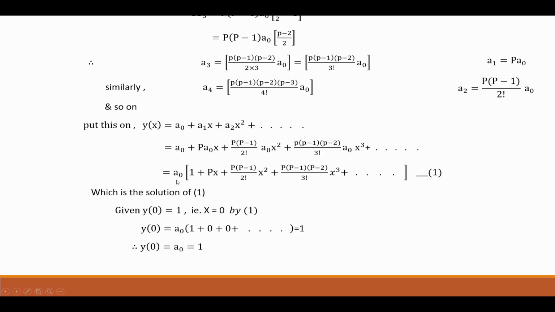Put the value of a0 as 1, we get y of x equal to 1 plus px plus p into p minus 1 upon 2 factorial x square plus p into p minus 1 p minus 2 upon 3 factorial x cube plus dot dot dot, which is the solution of the given differential equation.